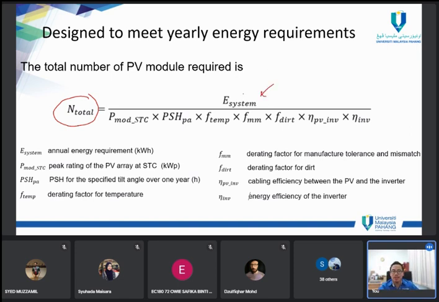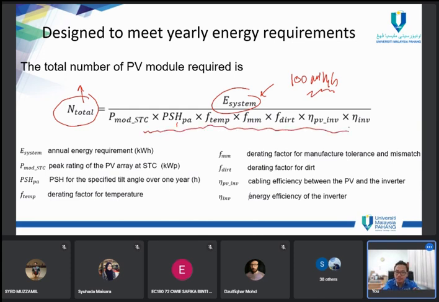Each system is now 100 megawatt hours. Understand? From here, we find in a different way the number of modules that are required to deliver this 100 megawatt hours of energy yield. So I just rearrange the equation. So this is the equation after it is rearranged.